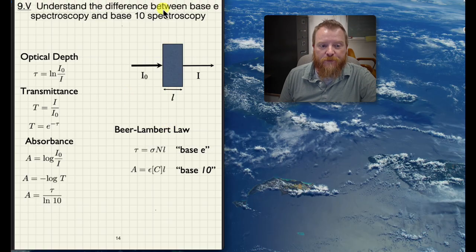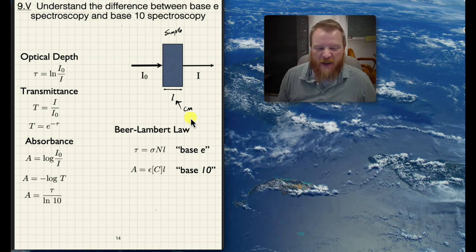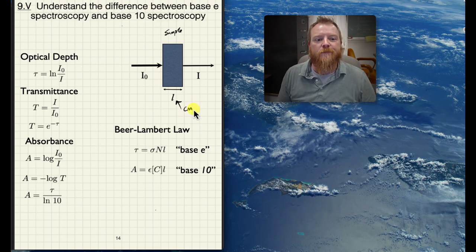So we start with some absorbing sample in some cell with path length L, typically given in units of centimeters, but not always necessarily. And in that sample, we are irradiating it with some incident beam of light. Some of that light gets absorbed. Of course, some of it also gets backscattered.